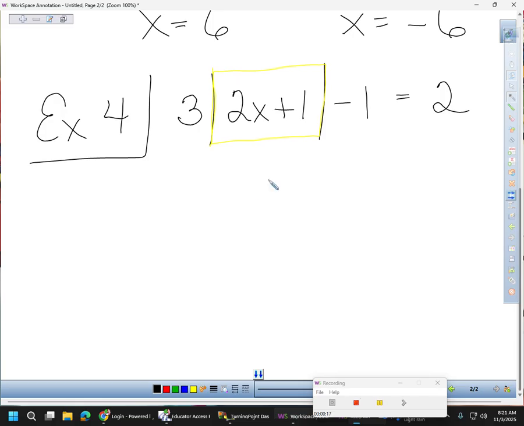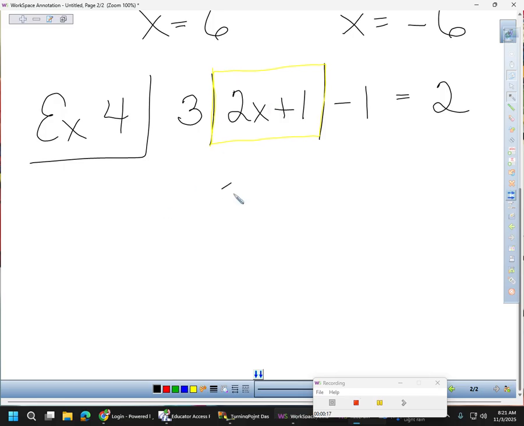Do we divide by 3? We will. Subtract the 3 and the 1. Okay, hold on. You guys, look at it this way. If this right here was a big X, right? That box was an X. That was my variable. What would I do to solve first? I would add 1 to the other side, right?